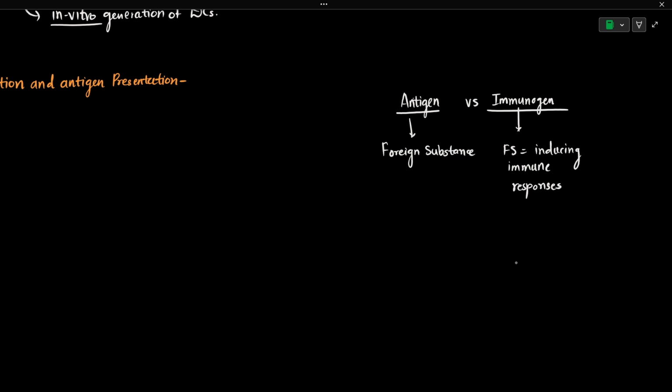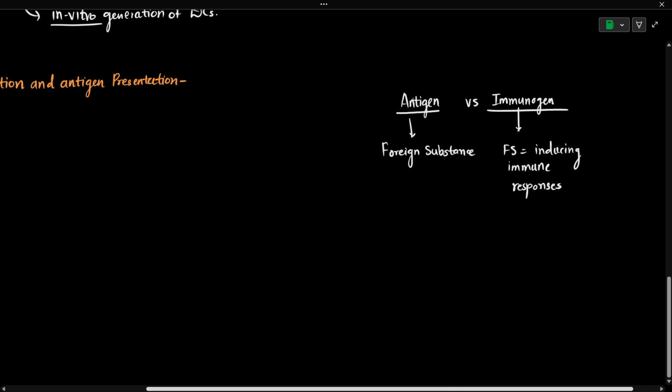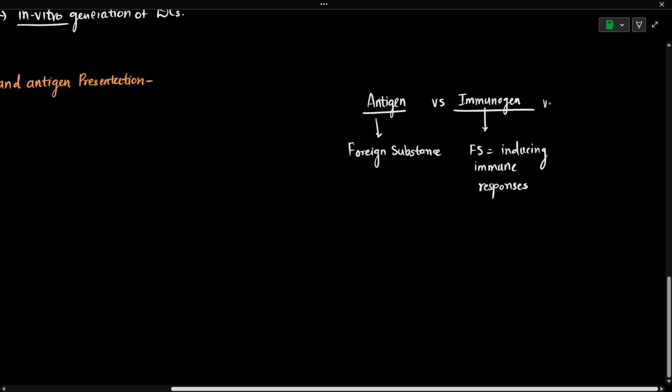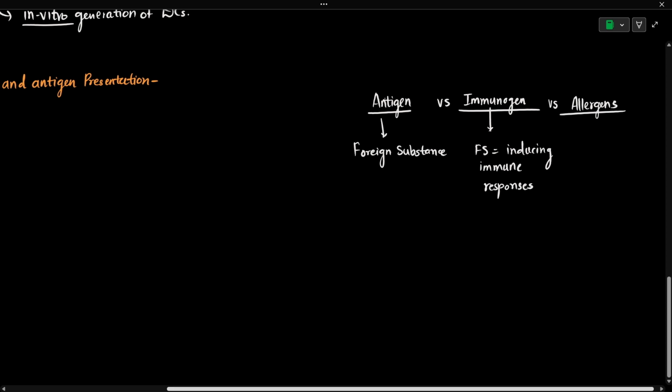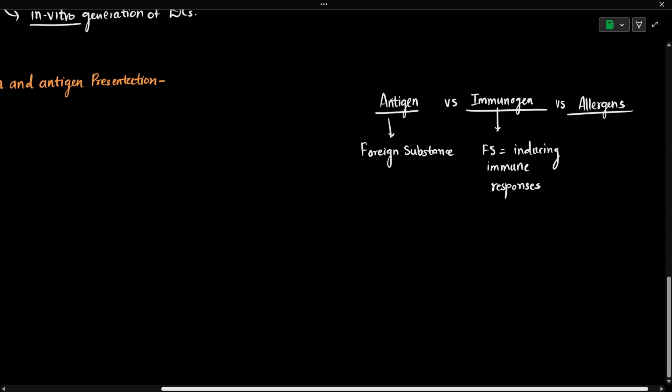A few people have dust allergy, while others don't have any effect from inhaling dust. Whenever antigens cause allergy in an individual, they are referred to as allergens. I wanted to discuss this before we proceed further, so I hope the difference between antigen, immunogen, and allergen is clear to you all.